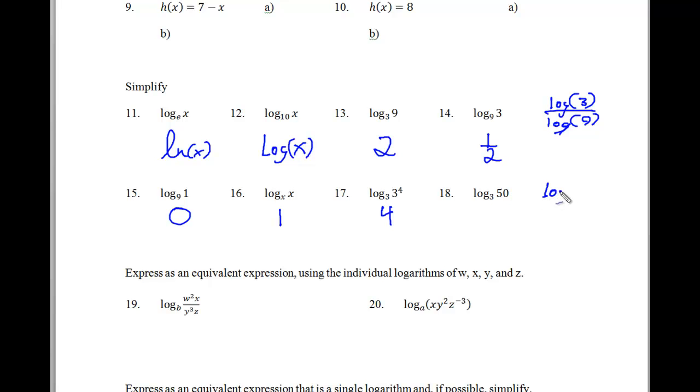So again, just another application of the change of base formula. So there's log of 50 divided by log of 3, and this gives you an answer of 3.56. And we spent a lot of time in section 3 and section 5 of this chapter dealing with the change of base formula and that idea.